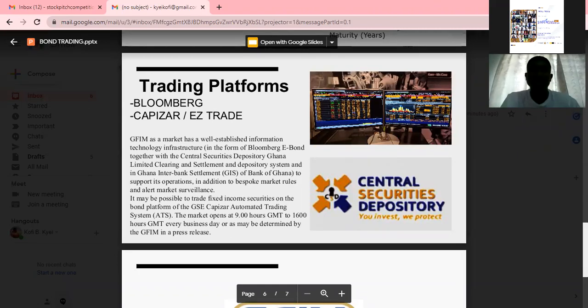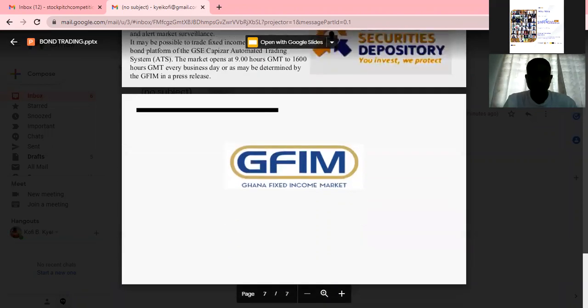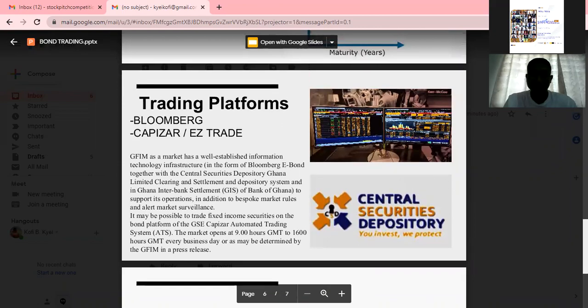But apart from that, we trade from Monday to Friday from 9 to 4. Between this period, you have to book your trade. You have to have your back office or your operations team set up the trade, and then you have to execute the trade and allot to the particular clients before 4 p.m., which is the close of trading for the day.